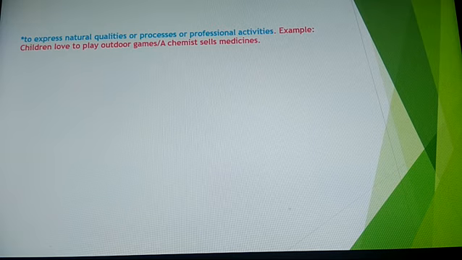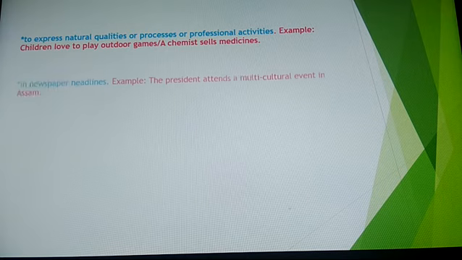And now professional activities, you can see the example. A chemist sells medicine. So this is the activity. Here, chemist is the noun, sells is the verb, medicines. So sells is in simple present tense, S form. So the two examples talk about natural qualities and professional activities.